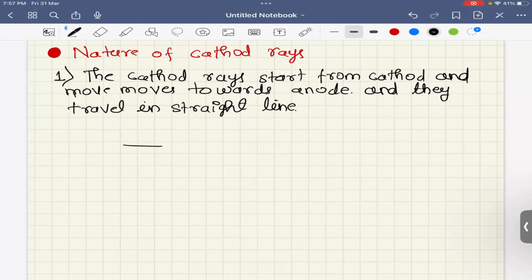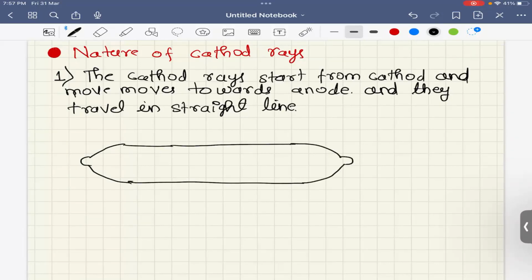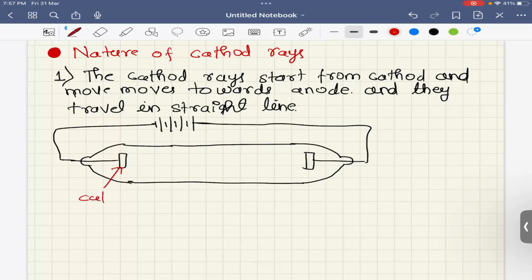We go back to our experiment. This is the cathode, this is the anode. Let's say a fan blade like this was kept.